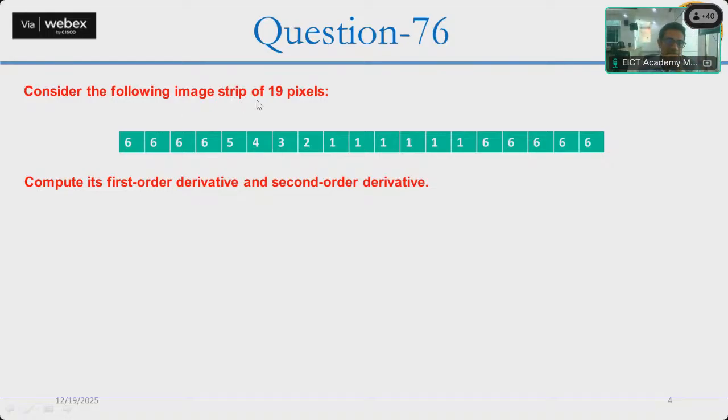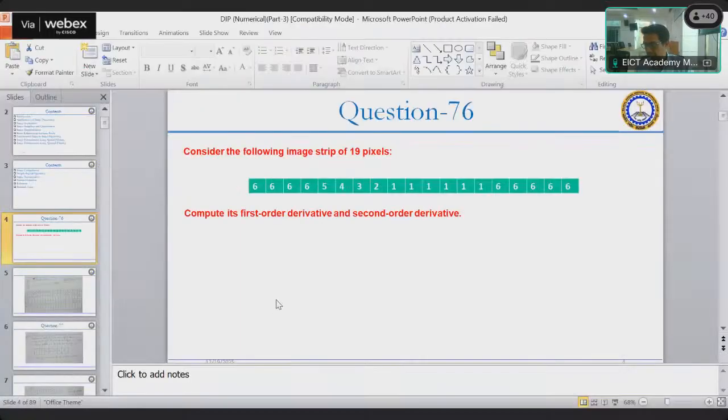Consider the following image strip of 19 pixels; compute its first order derivative and second order derivative. Which is this problem related with? Recall, are you able to get which one this is? Which content is this related with?